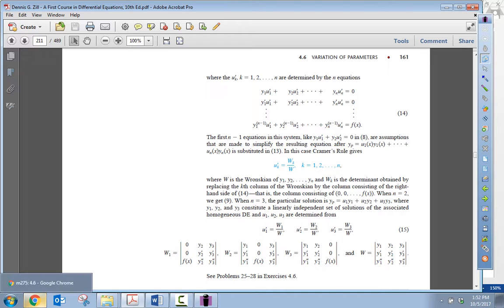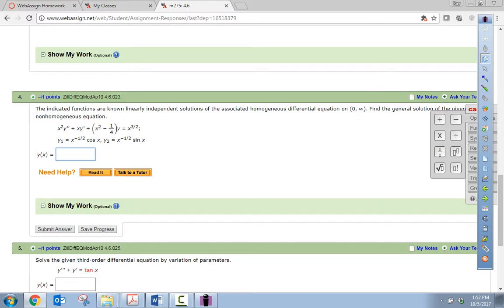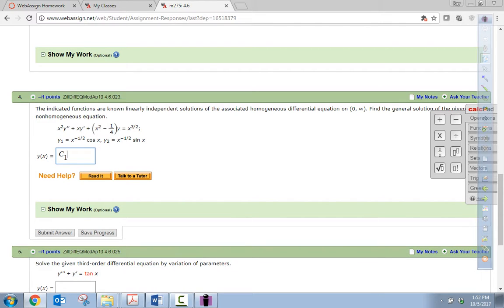Is it asking for the particular? No, it's asking us for the whole solution. The general? Yeah. So the general solution would just have some constant times all this stuff, right?